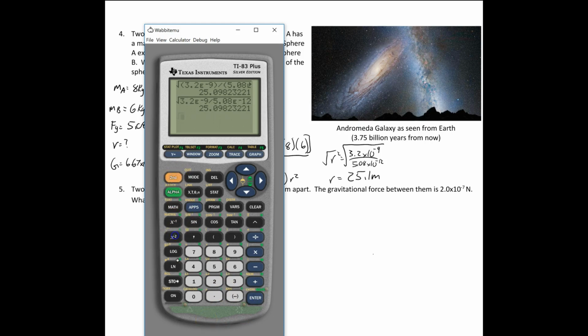What will mess some people up is if you try to do 3.2 times 10 to the negative 9 divided by 5.08 times 10 to the negative 12. To us, it looks like it's the same thing, but to your calculator, let's do the PEMDAS with the calculator. It'll do the square root last.